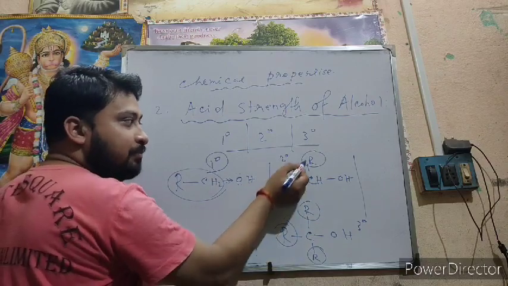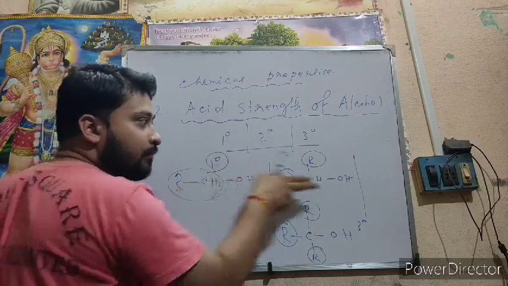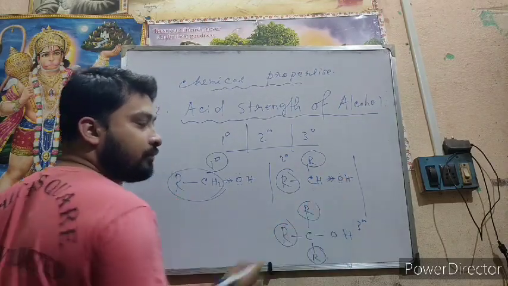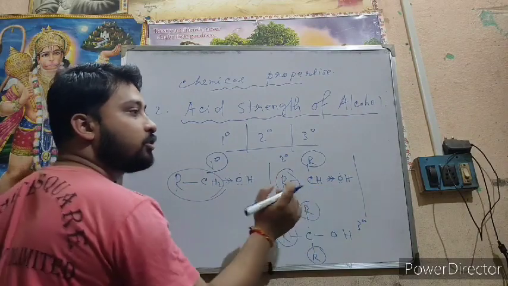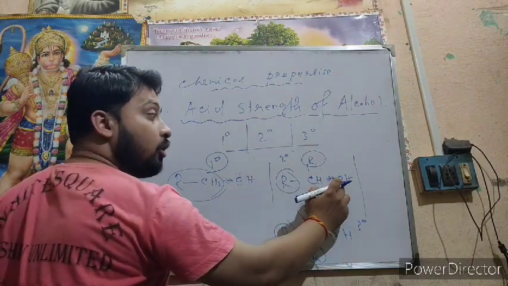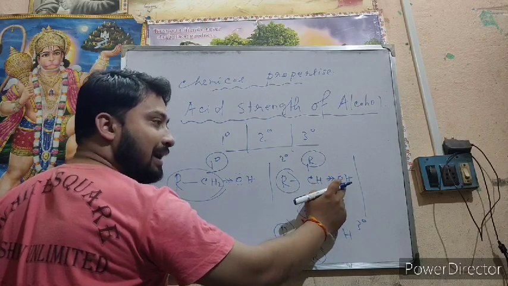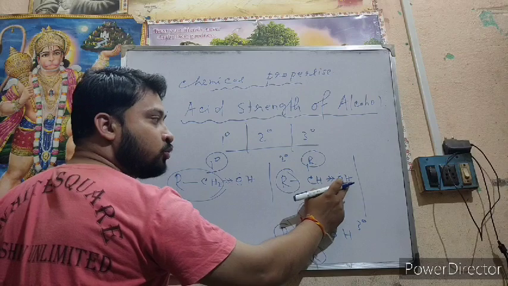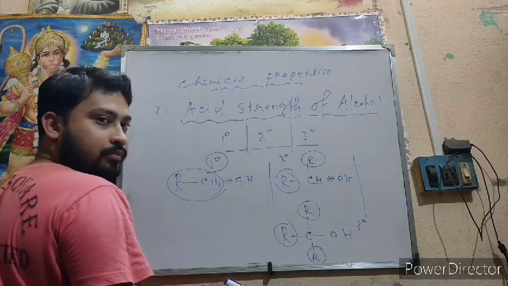Why? There are 2 bulky groups, so they push electrons onto oxygen very much. So the electron density on oxygen is very high. As the electron density of this oxygen is very high, it does not want to release hydrogen easily.